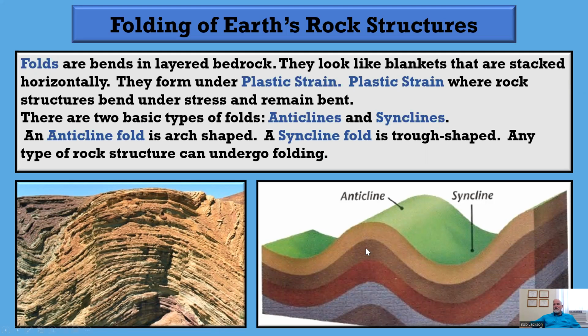Okay, on this one, this is talking about folds that take place in the crustal plates of the earth, actually the upper layers. And this is actually a result of the strains and the stresses that we talked about before, but this is very specific, and they will call this a plastic strain.